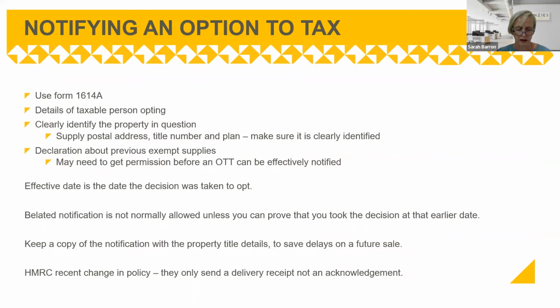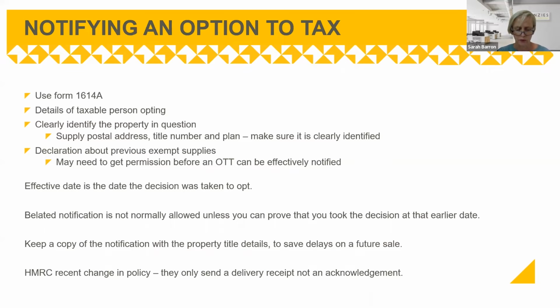So you notify on the HMRC form, the 1614A. There's a whole suite of forms for different notifications to do with options to tax. And you have to give the details of the building that you are intending to make taxable, your interest in it.